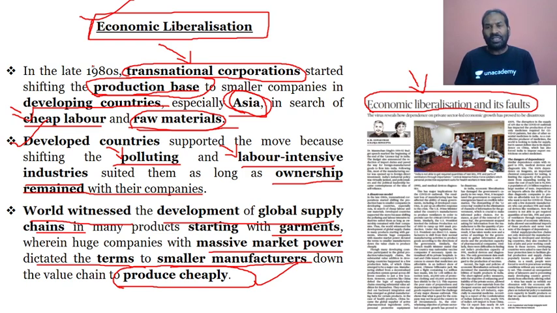They were dictated terms by the developed countries, and that is where there is a fault. What the author says is that the economic liberalization that started in the form of transnational corporations in the 1980s involved dictating terms, and there are faults in economic liberalization.